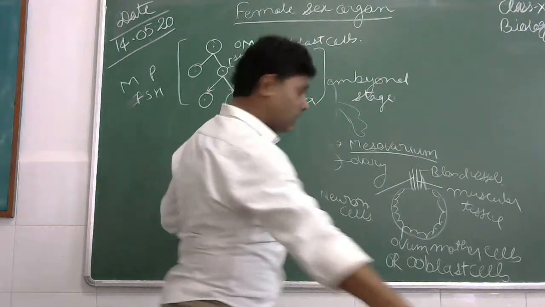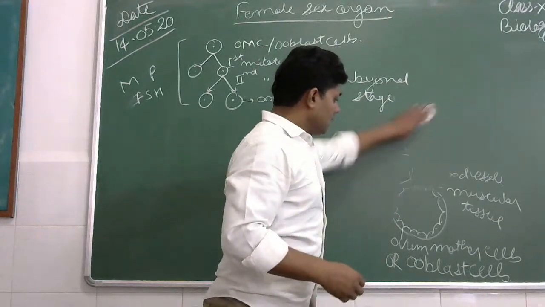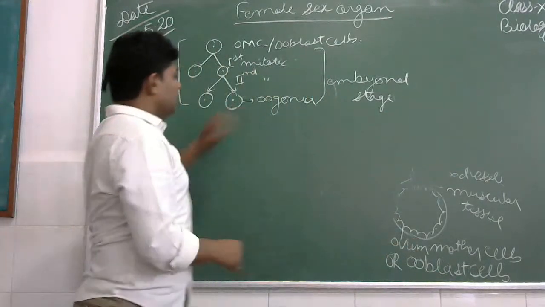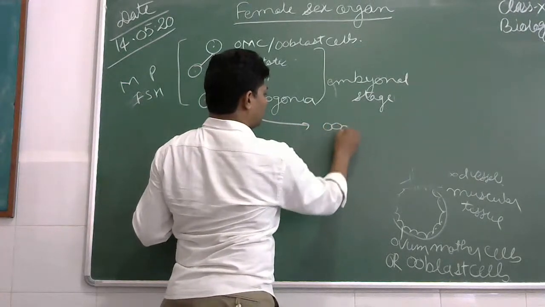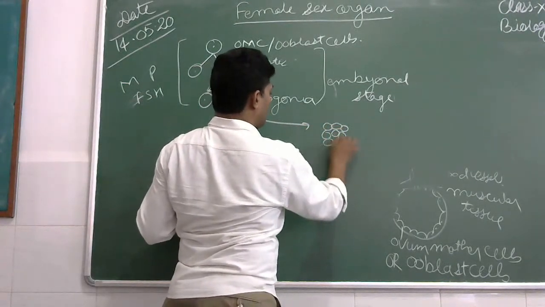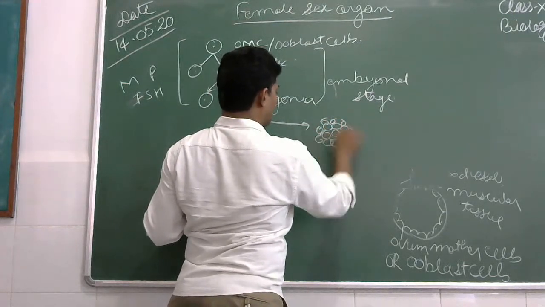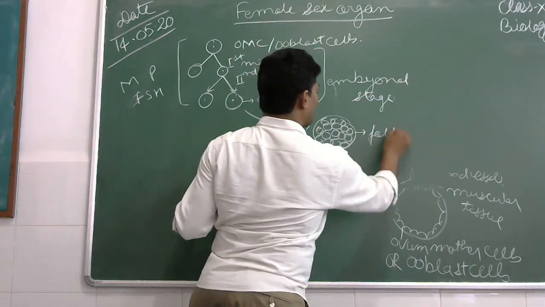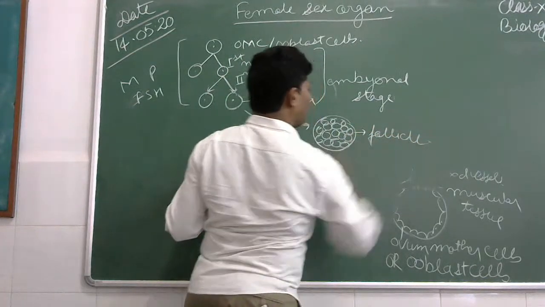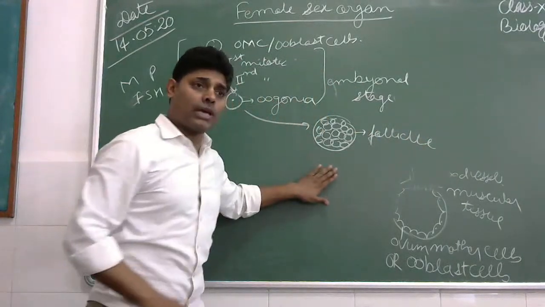Further, what happens? These oogonia cluster and make a structure that is termed a follicle.